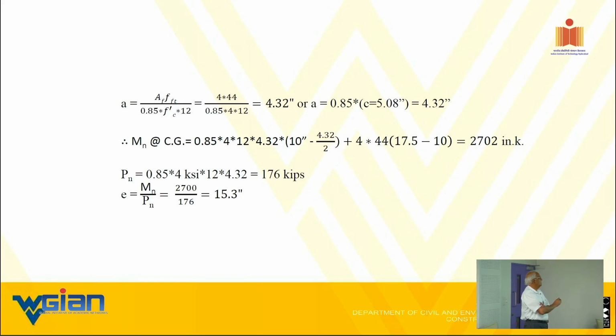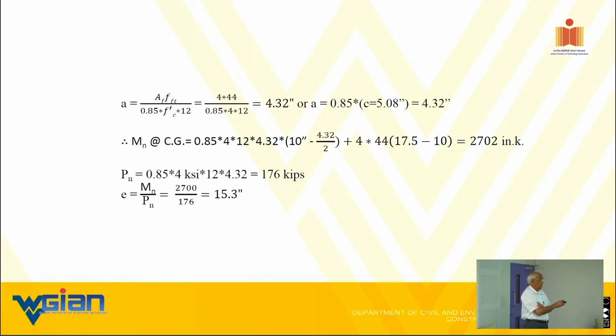So the capacity of that for bending is 2702. The nominal axial value is given to you there, 0.854 F prime C. This is the area under compression only. That's one. This is the width, that is the effective compression zone, KT times D, right?